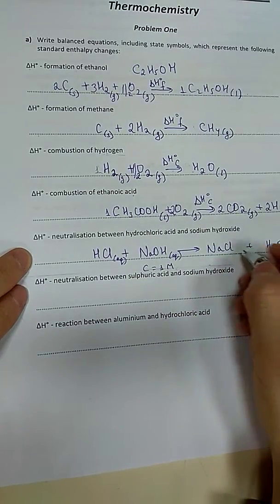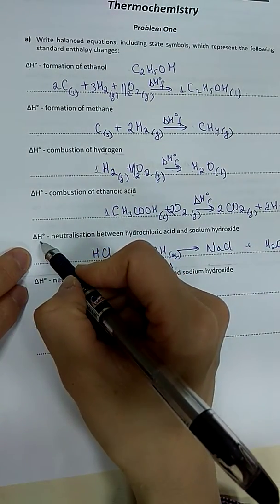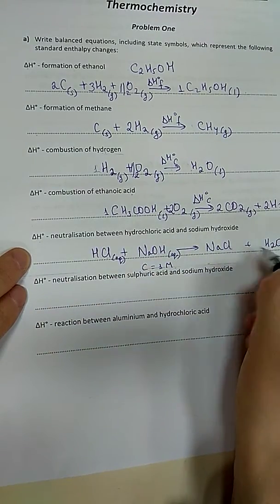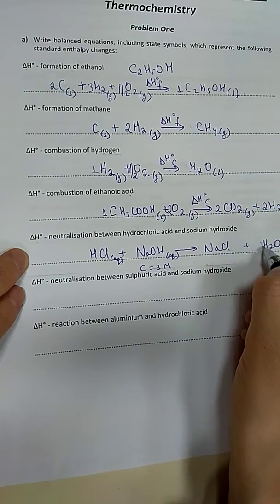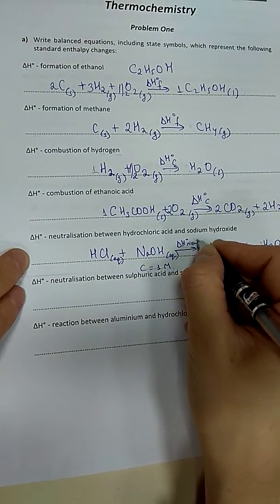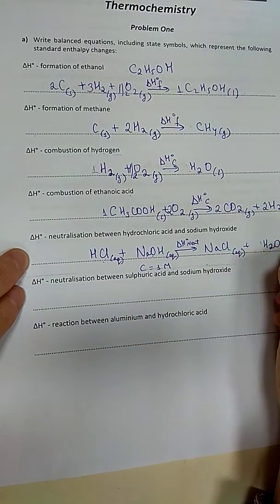It's a heat change when you react acid and base to form 1 mole of water. In this case, it's simple, we already have 1 mole of water. So it's delta H of neutralization for hydrochloric acid and sodium hydroxide, aqueous here and liquid.